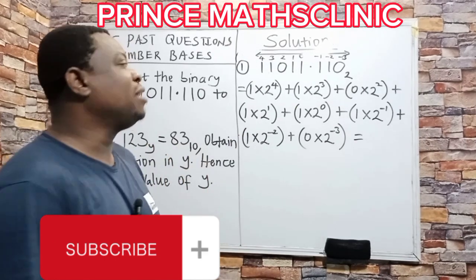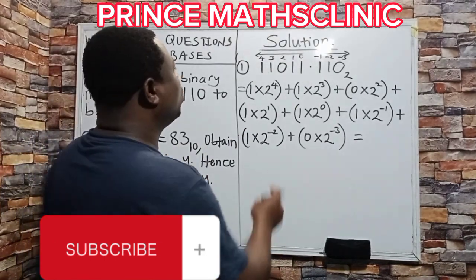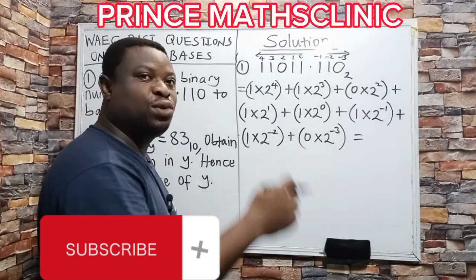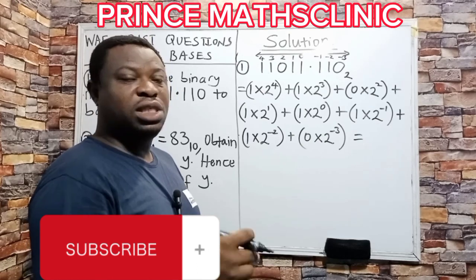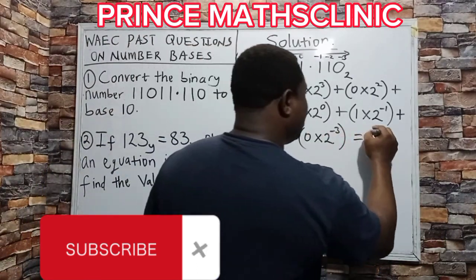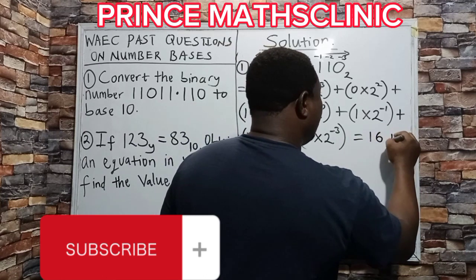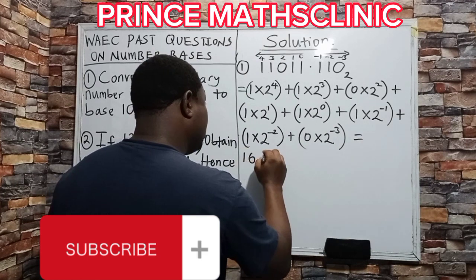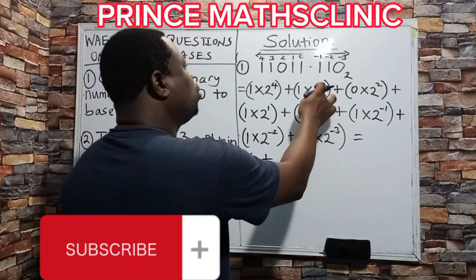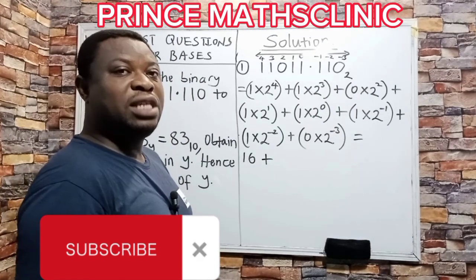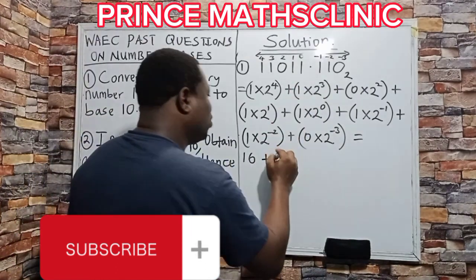Now, we know that 2 to the power of 4 is 2 times 2 times 2 times 2, which is 16. So 1 times 16 is 16. Plus 2 to the power of 3, which is 8, times 1 gives you 8.